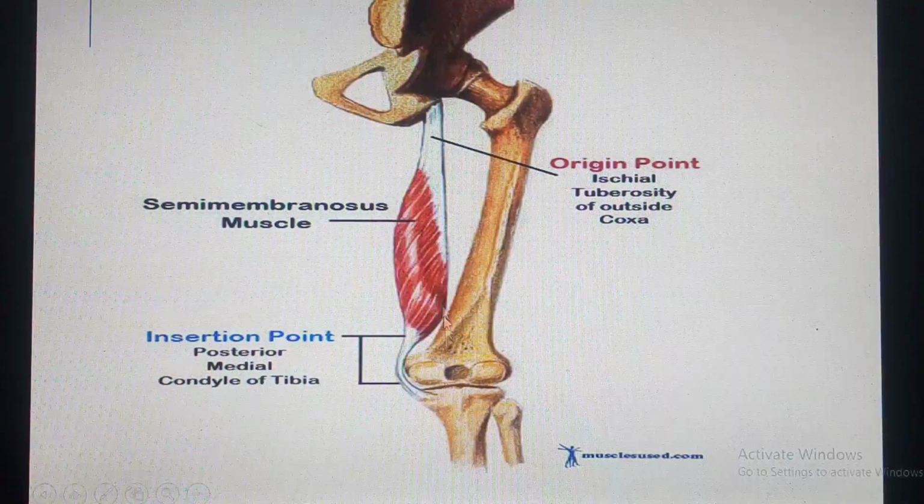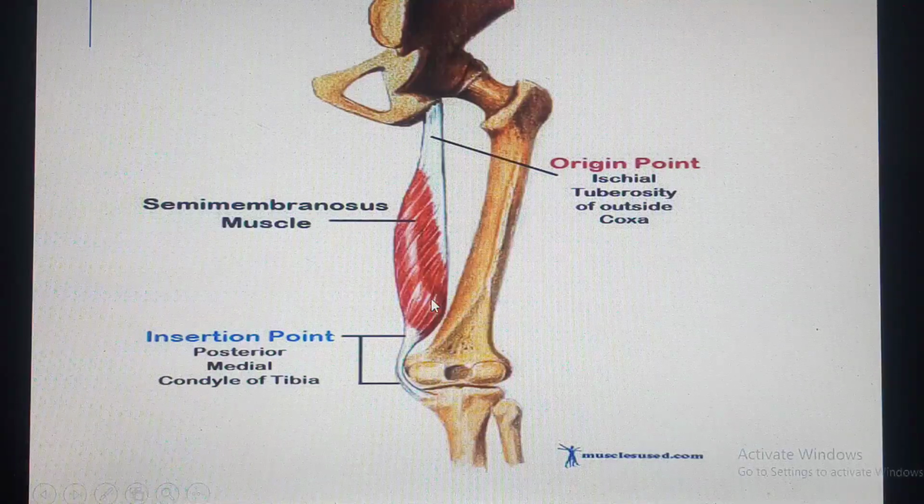So that is what we find over here. That is the semimembranosus muscle. So remember that biceps femoris is lateral, semitendinosus is medial, but it will lie superficial to the semimembranosus muscle, such that the long tendon of semitendinosus will lie on the belly of the semimembranosus muscle.